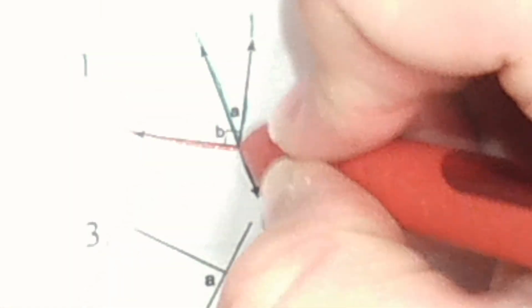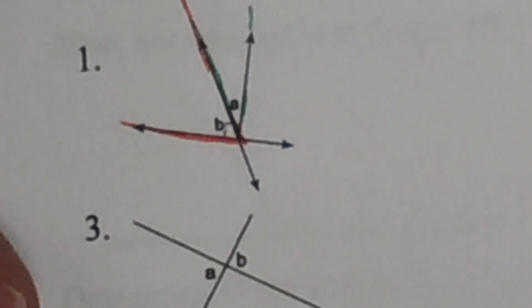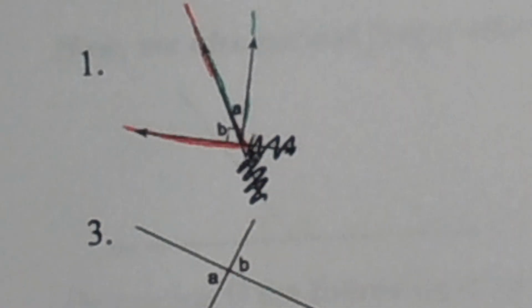So, I've got angle A, and I've got angle B. Are they right next to one another? Are they sharing a middle line? Yes. Do they make a straight angle or a straight line? If we just focus on them, essentially this and this are extra information because those are not parts of the angles.